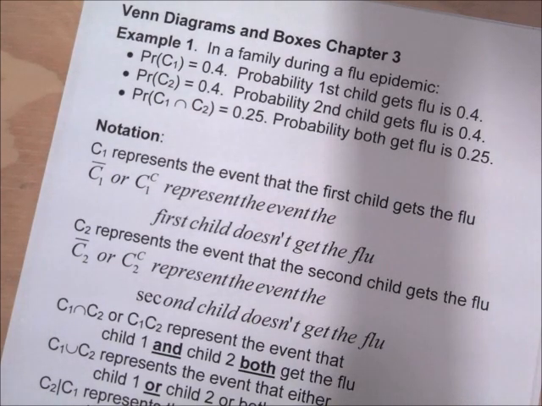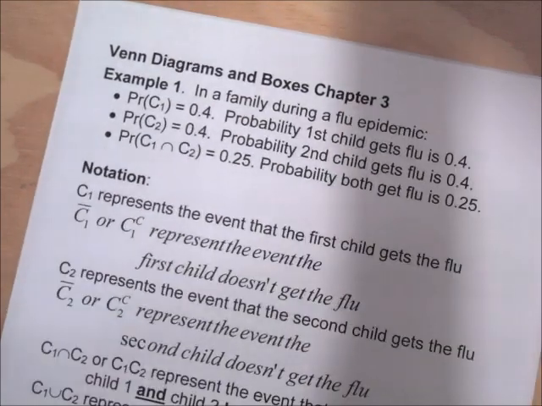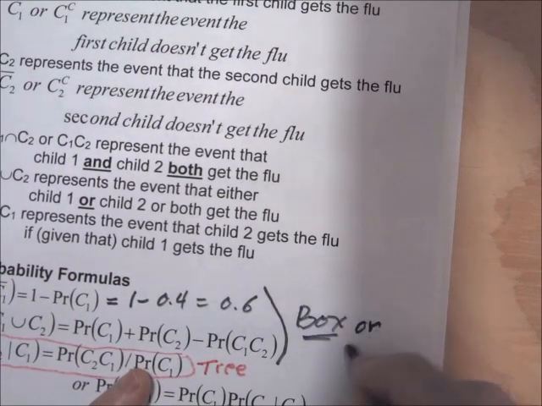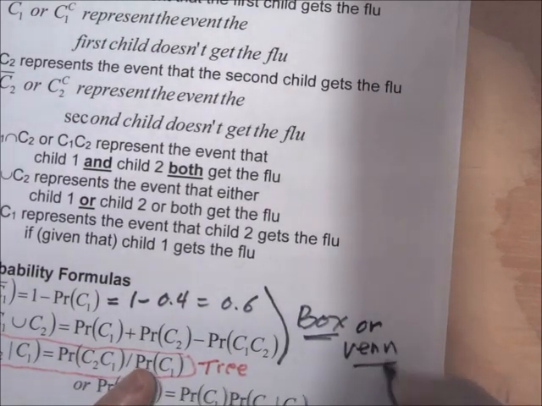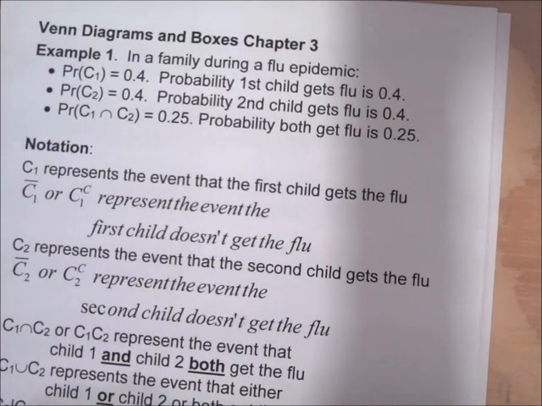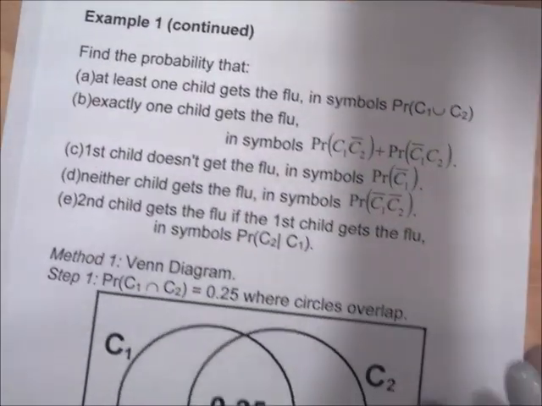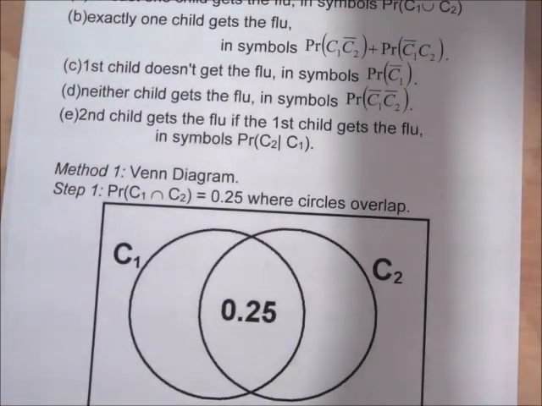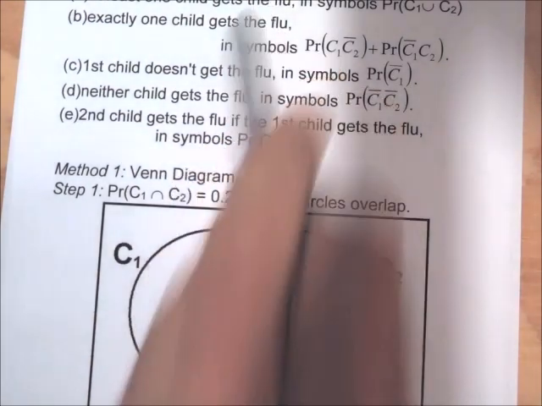So let me get into using the Venn diagram. I'll start out with the Venn diagram. We're given some probabilities, and we want to find some additional probabilities.